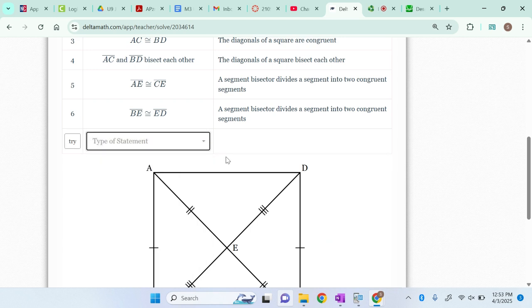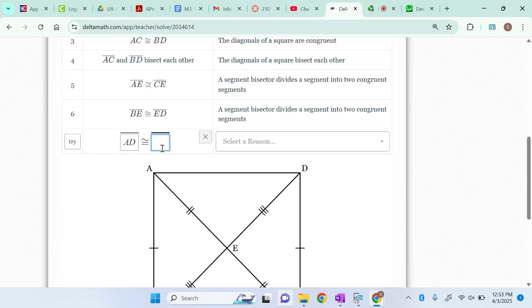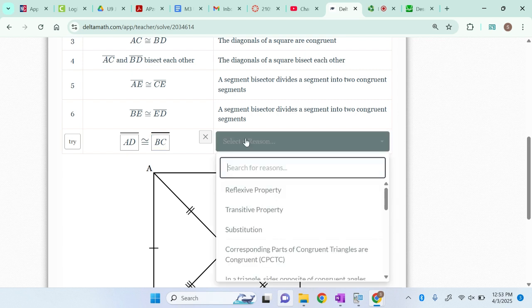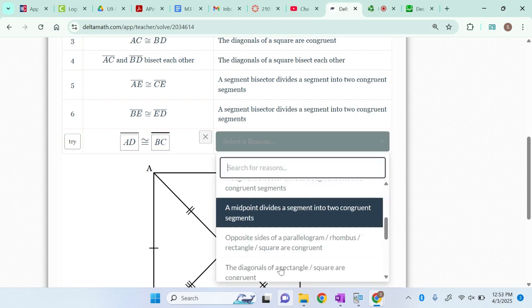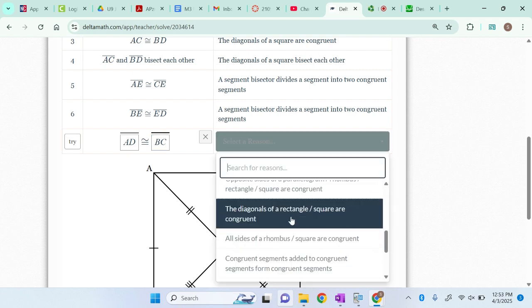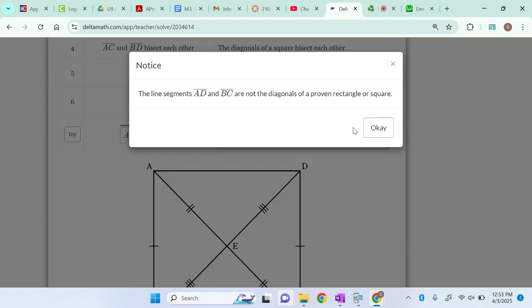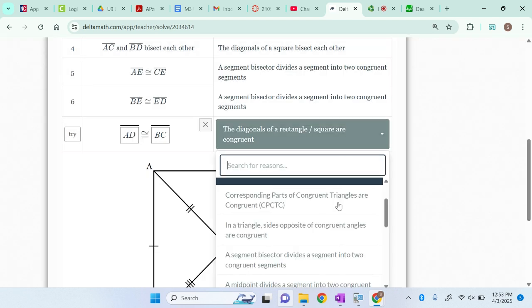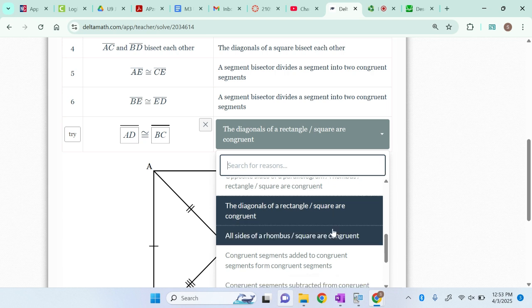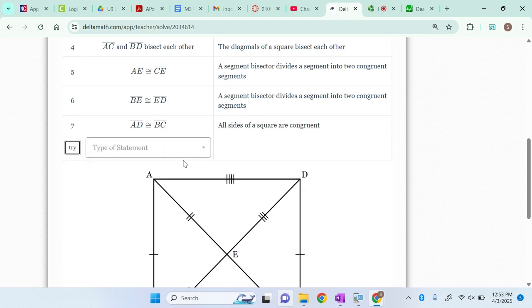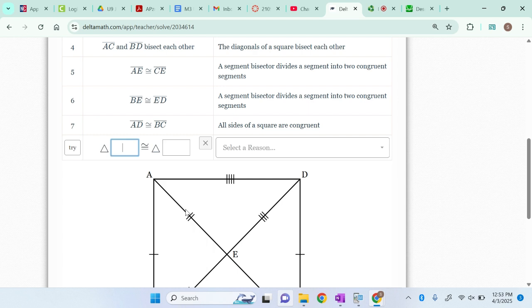That's perfect. Now the triangles are congruent by side, side, side.